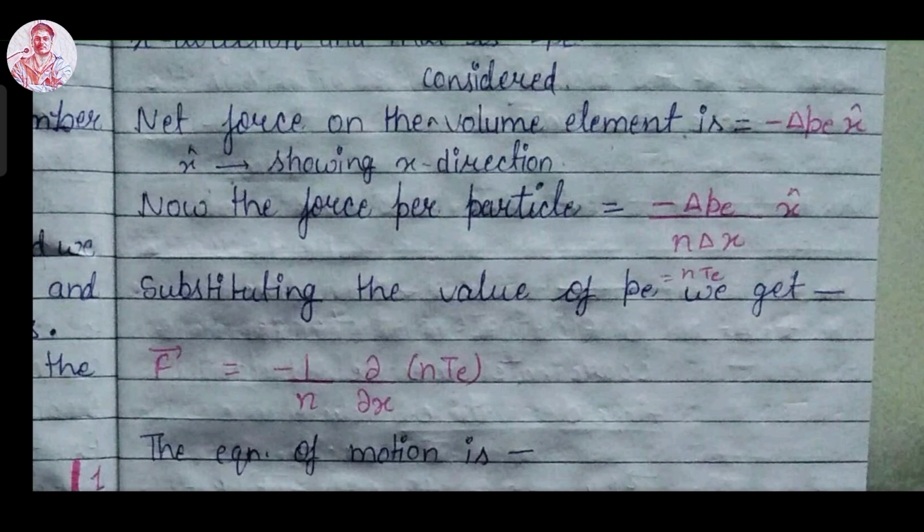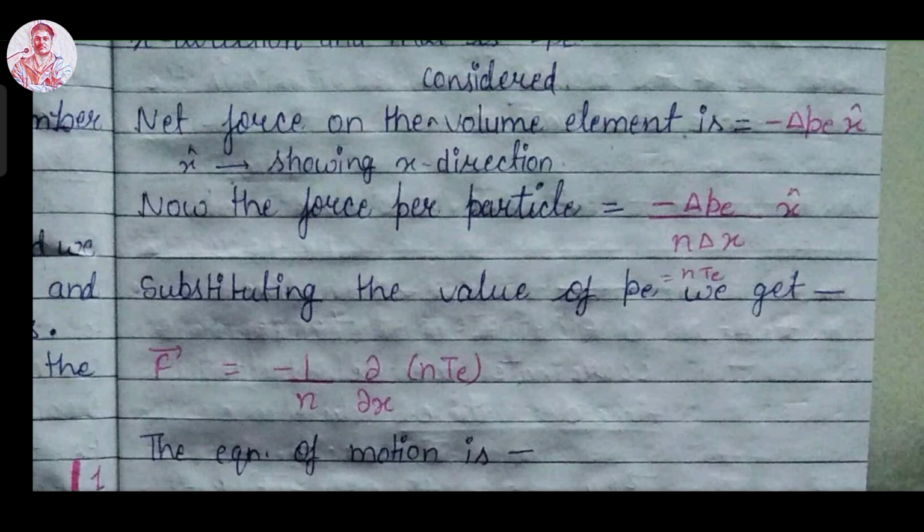The net force on the considered volume element is minus del Pe x cap, where x cap shows the x direction. Now the force per unit particle is given by minus del Pe by n, dot delta x x cap.